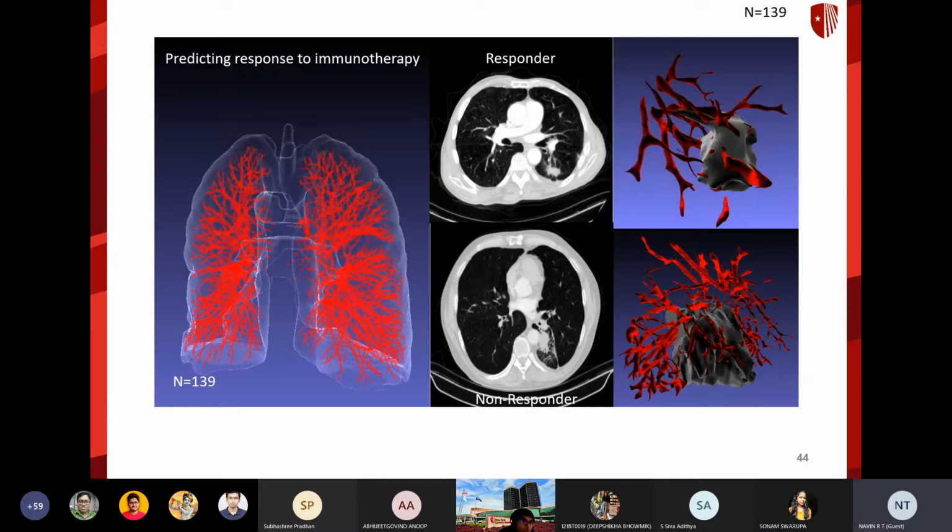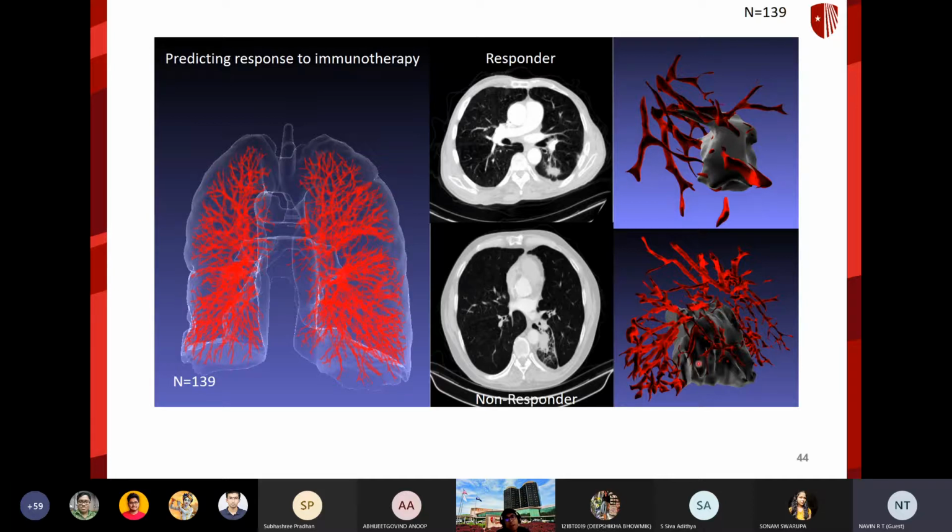Now, what we did was we took treatment-naive CT scans. We used a deep learning algorithm to extract the vasculature that feeds the tumor. And then when we used measures of tortuosity, we found that the vessels that fed the tumor for a responder were much less tortuous and much less convoluted as compared to the vessels that feed the tumor in a non-responder.